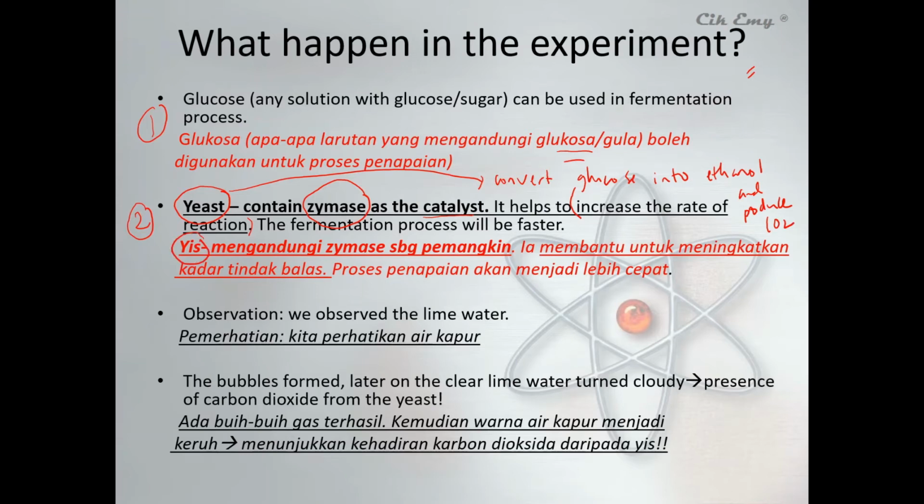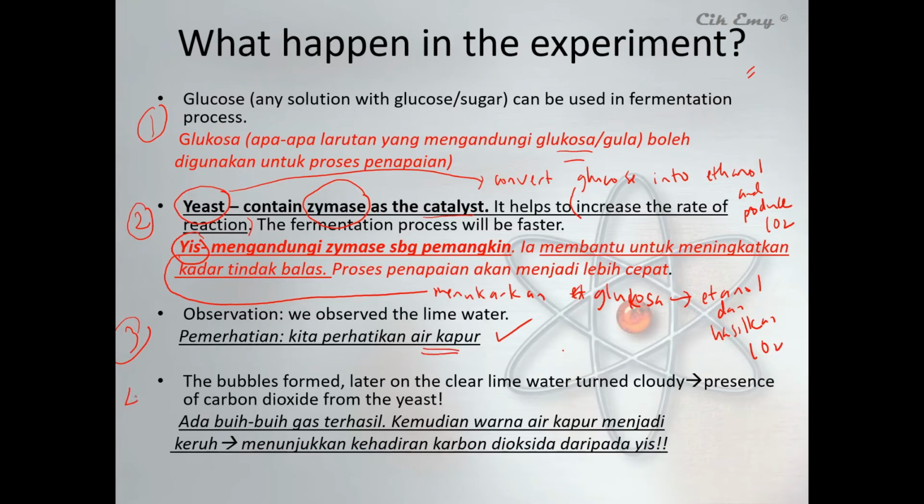Yang kedua, dia menukarkan glukosa kepada etanol dan hasilkan CO2. Okay, yang ketiga, awak kena tahu apakah pemerhatian dia. Okay, pemerhatian dia apa? Kita nak perhatikan air kapur. So apa yang berlaku pada air kapur? Air kapur tu menjadi keruh. The lime water turns cloudy. Itu saja untuk eksperimen ni.